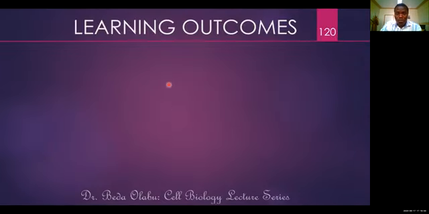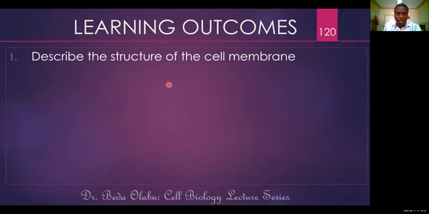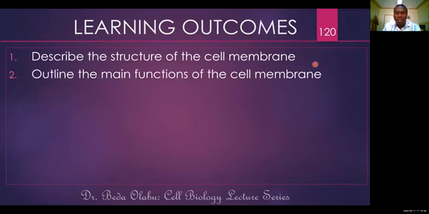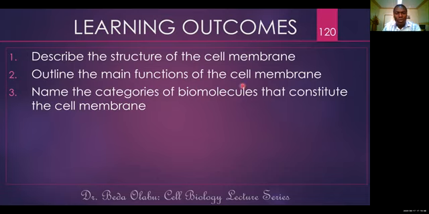To be more specific, these are the things we're going to learn. We are going to look at the structure of the cell membrane. We are going to state the major functions of the cell membrane. We are going to look at the biomolecules which are on the cell membrane and perhaps try to see the proportions in terms of percentages they contribute in the cell membrane.